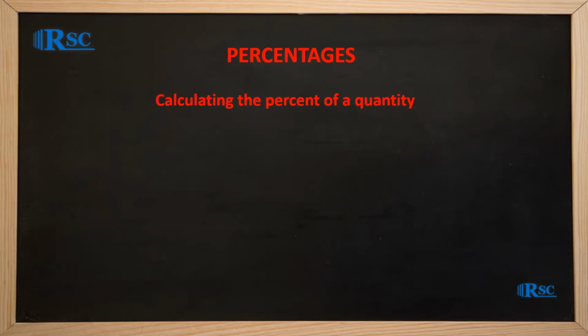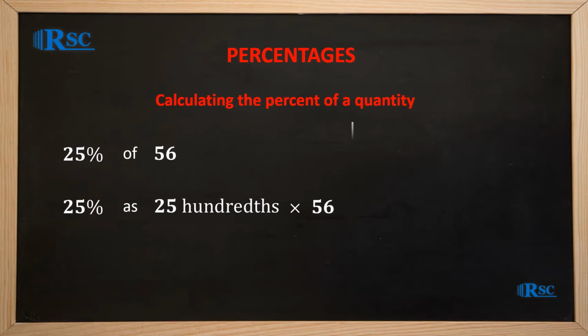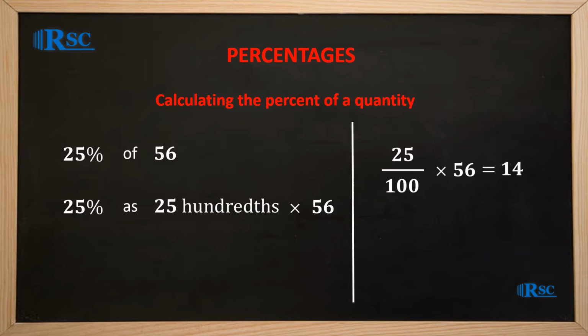For example, to calculate 25% of 56, we express 25% as 25 hundredths and then multiply by 56. This is 25 over 100 multiplied by 56, which will give us an answer of 14.